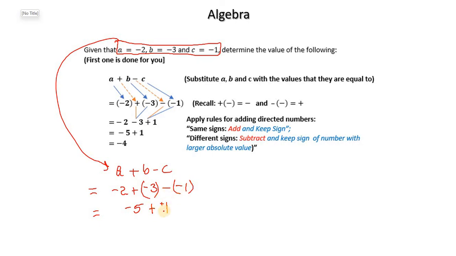But let me ask you, I see you have a plus sign between the 5 and the 1, but there's a negative between the 3 and the 1. Are you looking at what we have up here, or down here? Down below, the last part, -5 plus +1.